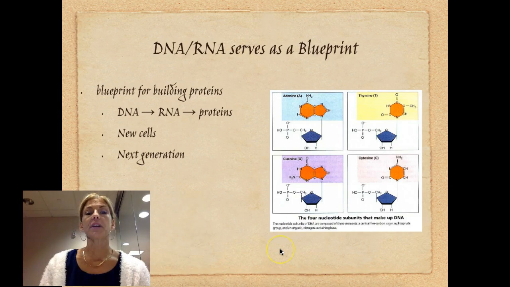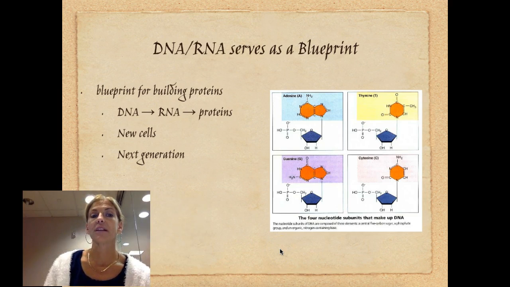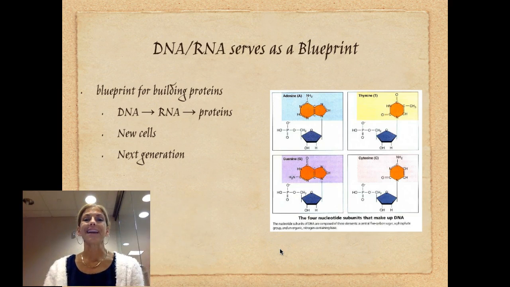So I think we have a pretty good concept that DNA and RNA serve as blueprints. So they're going to make exact copies of DNA minus mutations that occur. But the goal is to make exact copies of the DNA. And then each cell will make the proteins that it needs by transcribing that information into RNA, and then RNA will be translated at the ribosome to create proteins.